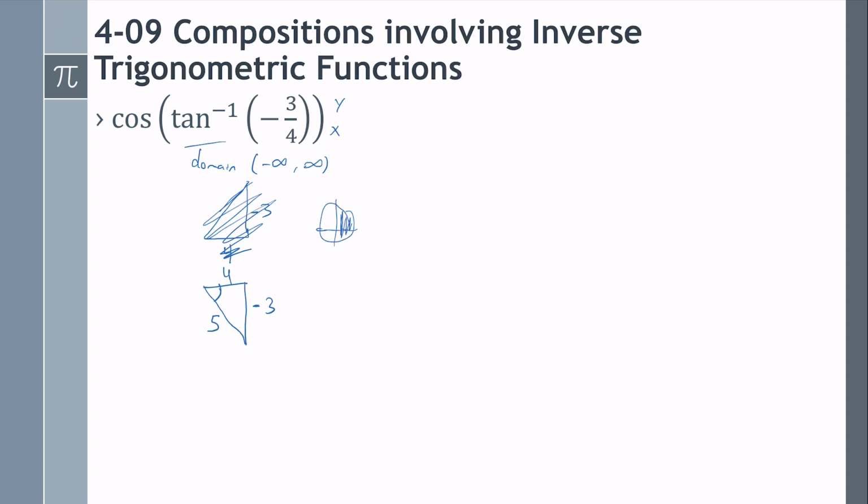And now, what is cosine of this angle? Well, cosine is the adjacent over the hypotenuse, so that appears to be 4 over 5.